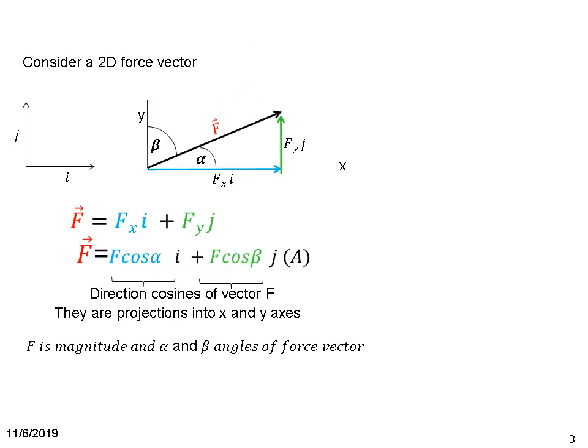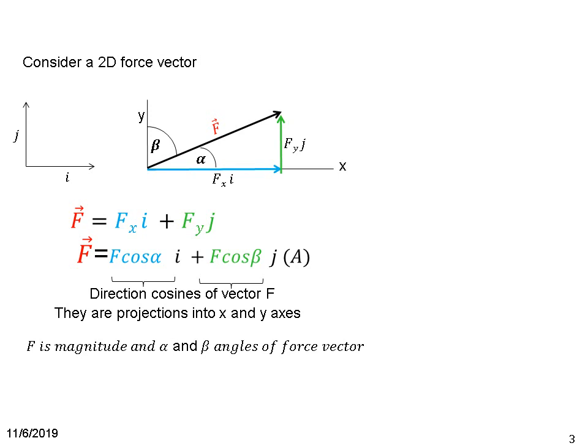Now, we consider a two-dimensional vector F inclined at an angle alpha with the x-axis and beta with the y-axis. We can express the F vector as the sum of its horizontal component Fx in the i direction and Fy in the j direction.